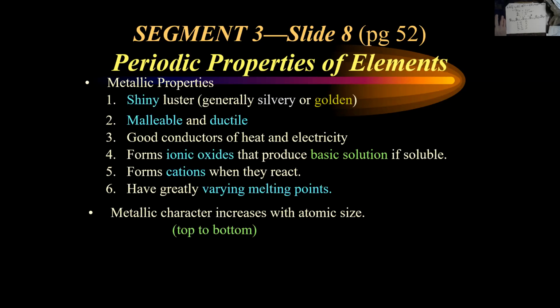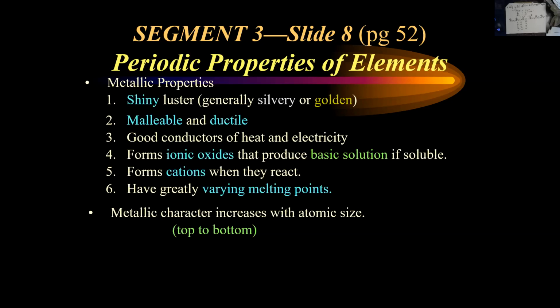Now, on the periodic chart, the metallic character, if you look along those stair steps, again, I'll just read off a couple of them. If I'm looking at the carbon family, there's carbon, and under that silicon, then germanium, then tin, then lead. You certainly recognize lead in that group as a metal.